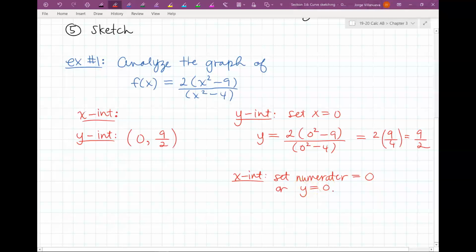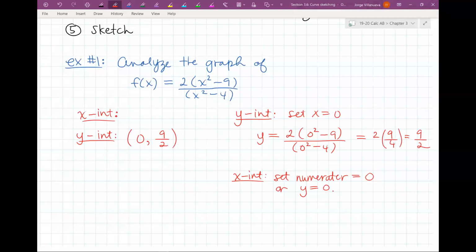It just depends. If it's a fraction, then you use the numerator, set it equal to 0, which basically means setting y equal to 0. But if it's not a fraction, just a normal polynomial, then you can just set y equal to 0 and solve. So one of those two you're going to do.